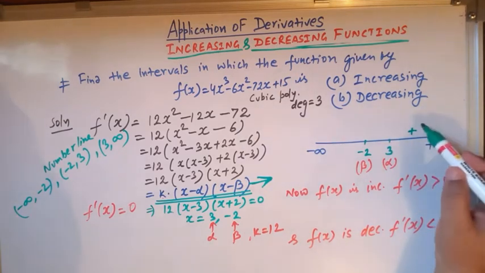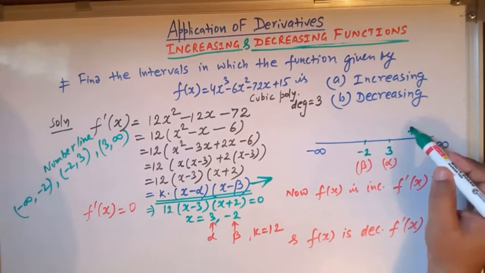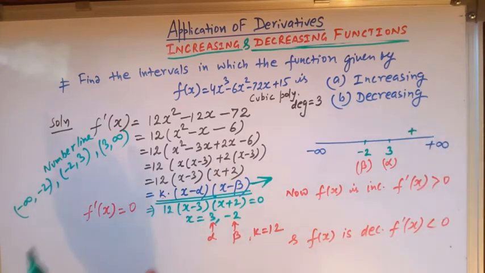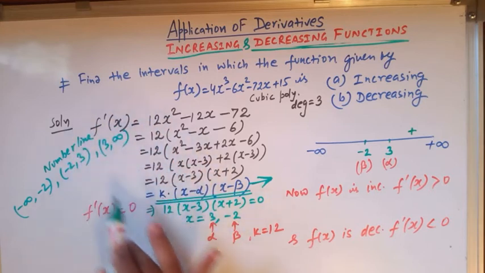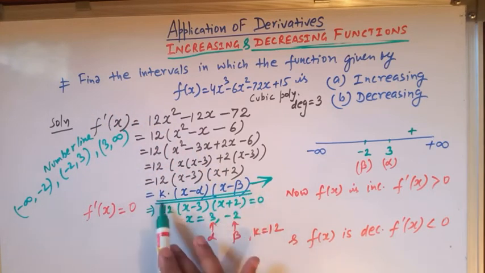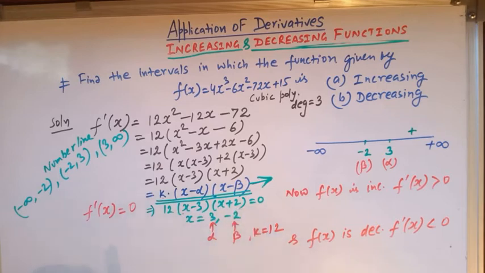We write the plus sign here. If we express this derivative in this form, which is given by 12 times (x minus 3)(x plus 2). Clear?